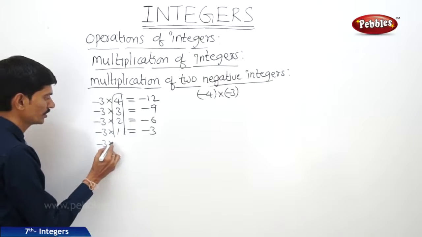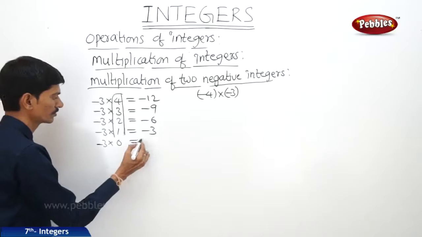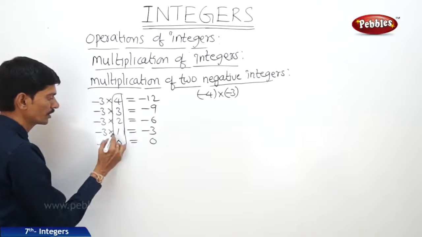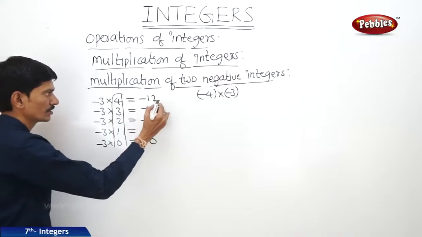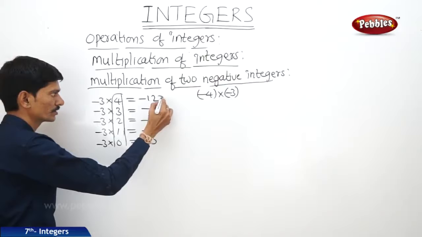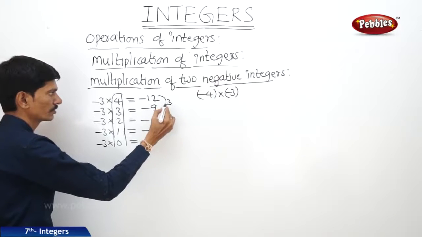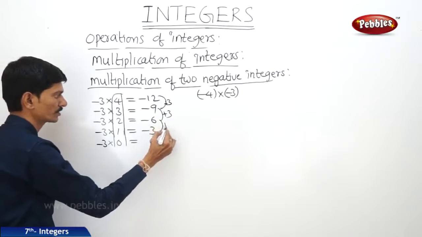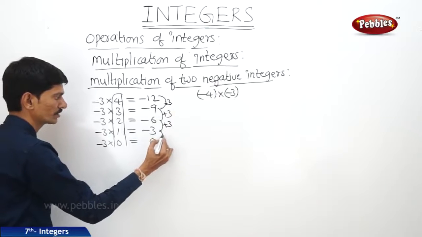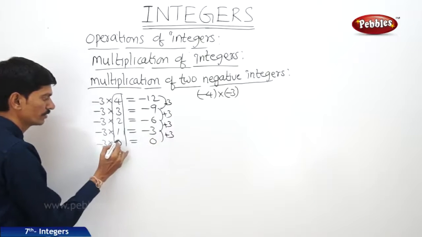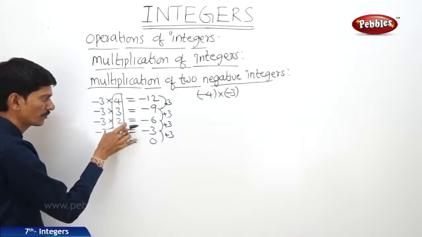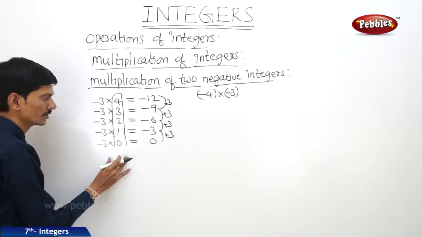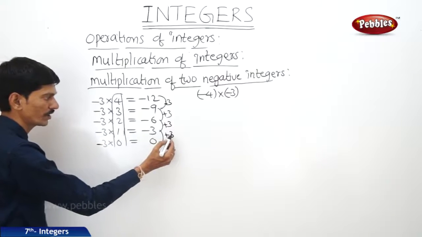Then minus 3 into 0 equals 0. When the multiplier is decreased by 1, the product is increased by 3. Plus 3, here also plus 3. Minus 6 plus 3 is minus 3. Minus 3 plus 3 is 0. So each time you decrease the multiplier by 1, the product is increased by 3.